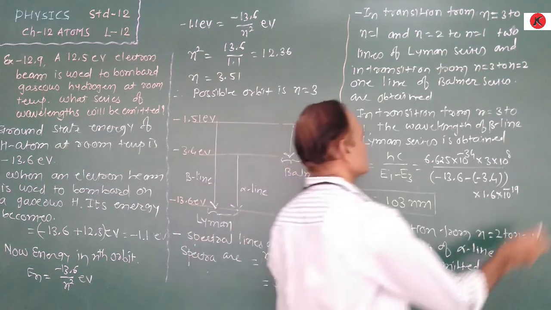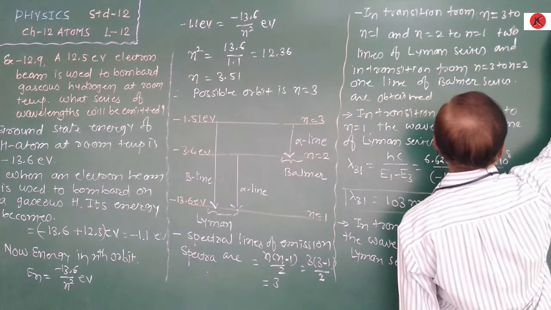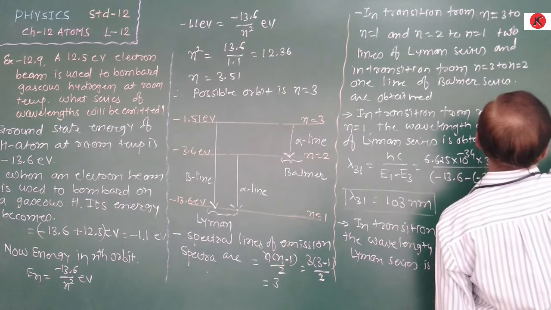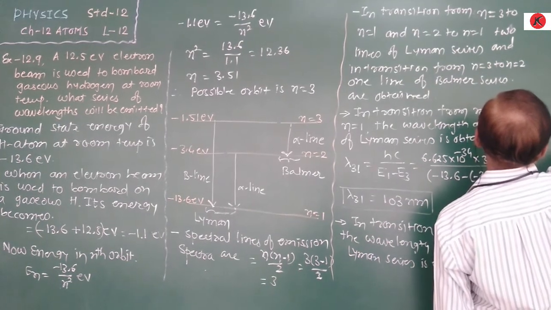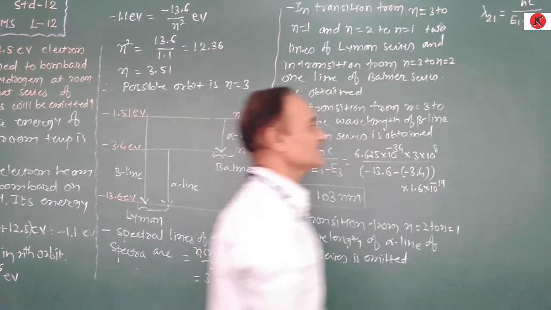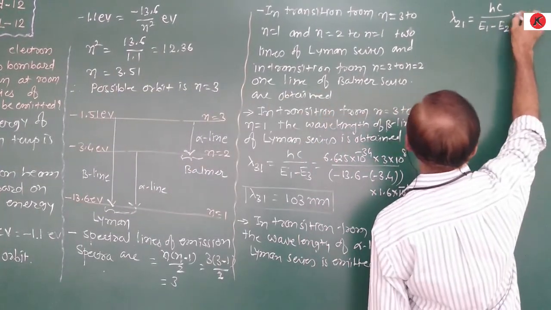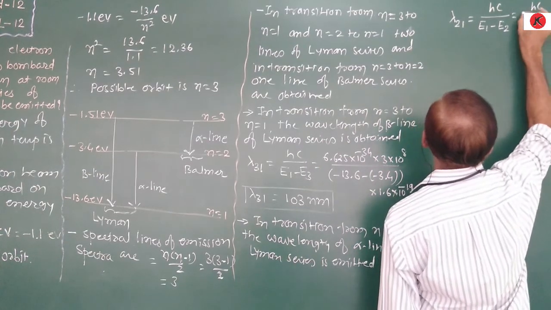Therefore, we can write lambda 21 is hc upon E1 minus E2.